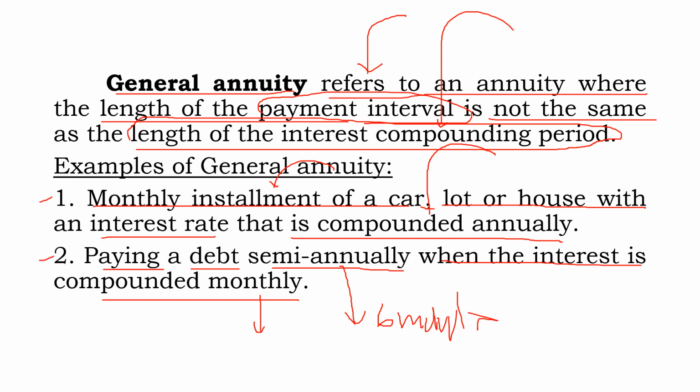So the length of the payment interval is 6 months and the length of the interest compounding period is 1 month, because the interest is compounded monthly. In this example, the length of the payment interval is also not equal to the length of the interest compounding period. Therefore, this example is a good example of your general annuity.